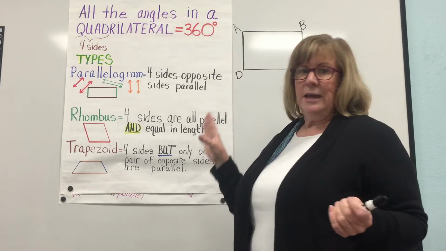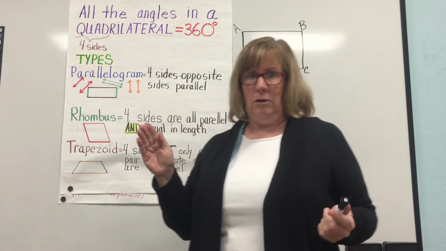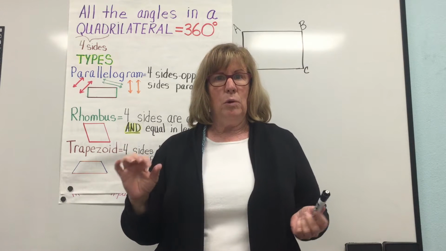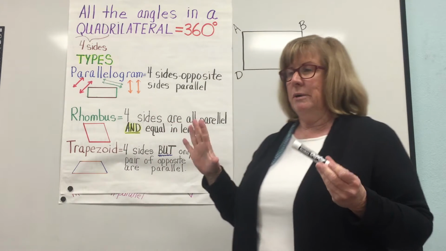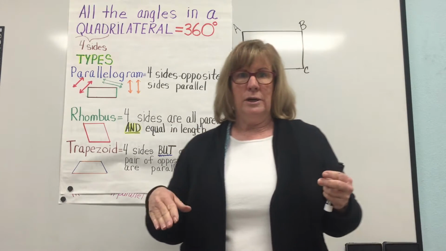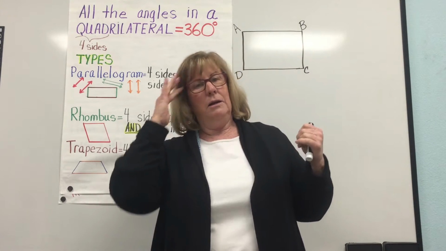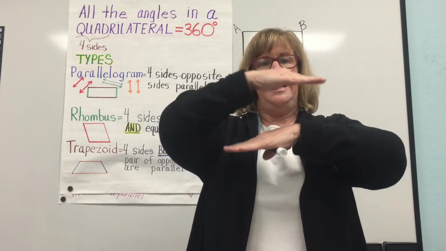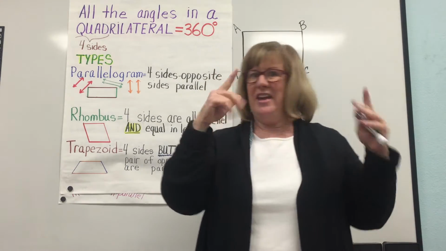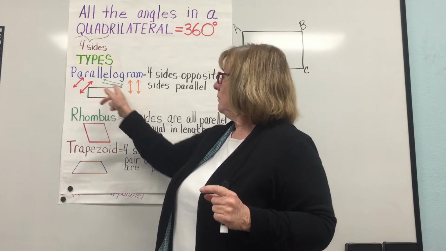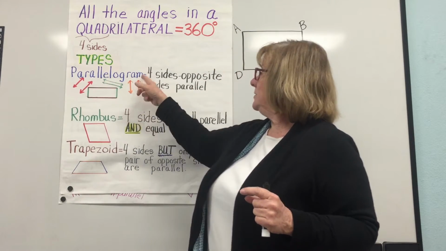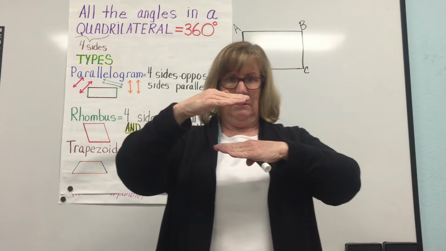So the first thing that I want to talk about is parallel. It's very, very important when we go through these classifications of what we call polygons that you understand what is parallel. So when you have two lines that are together, they are never going to intersect. These are called parallel.